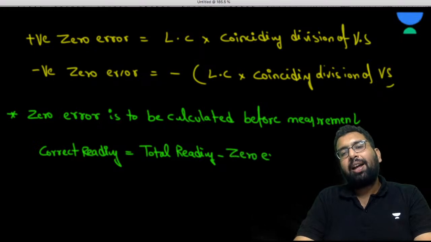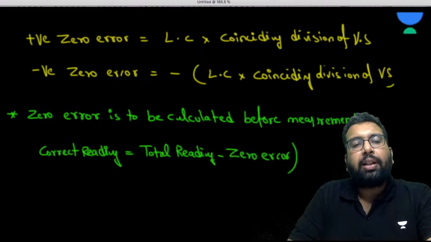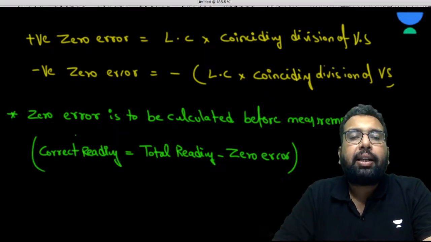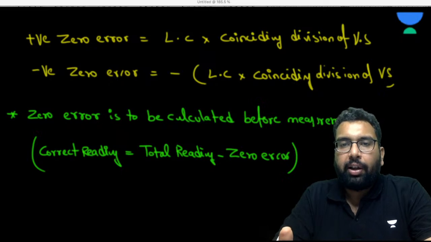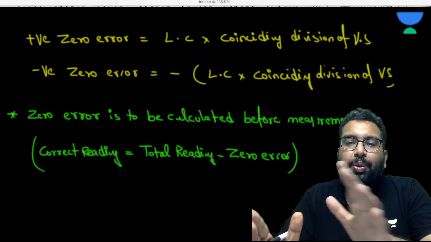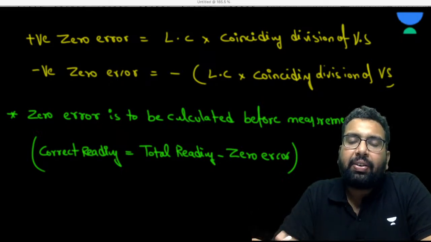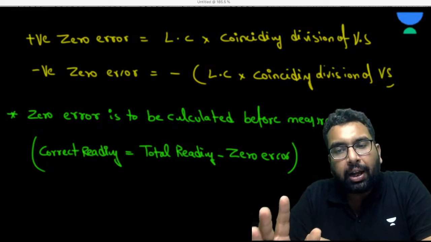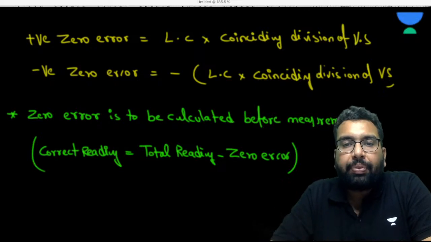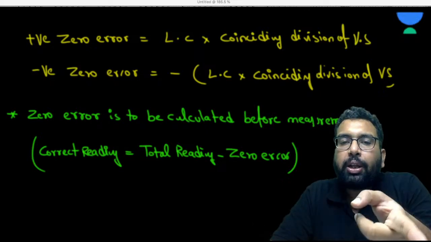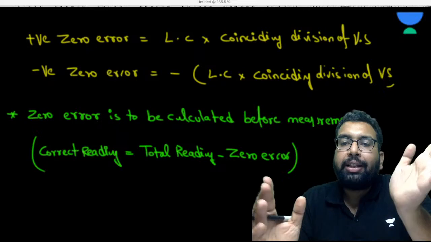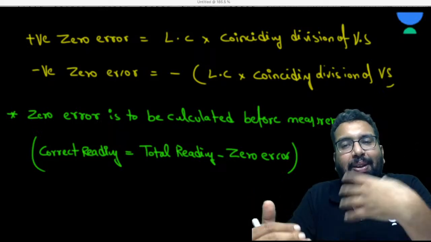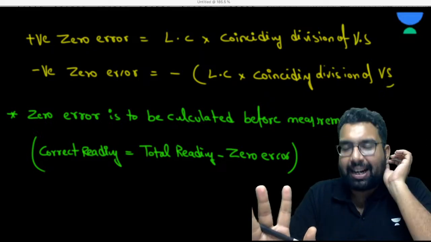If it is positive zero error, the final correct reading would be somewhat less than the measured reading, right? And when you put negative zero error here, negative of negative becomes positive, and you are going to get the correct answer.